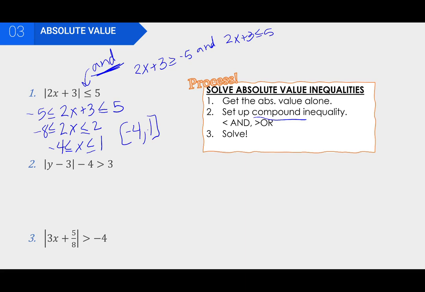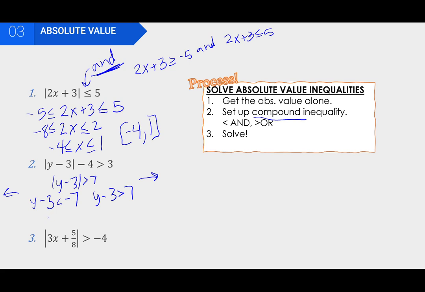All right, let's try a greater than problem, number 2. We're going to get the absolute value alone by adding 4 and we get greater than 7. And then we're going to set up our inequality, or compound inequality. So y minus 3, change the sign to go with the negative 1. And y minus 3 is greater than 7. So we're going in opposite directions, less than negative 7 and greater than positive 7.